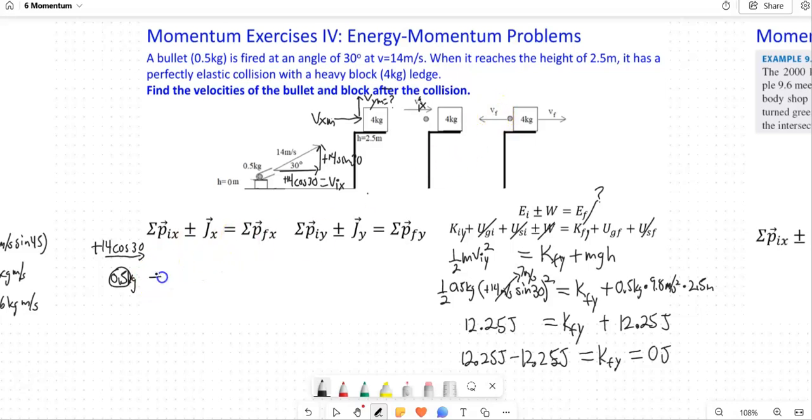All right. Now, the block, we're making our little storyboard. The block, which is 4 kilograms, is not moving. After the impact, it's going to have a velocity in the x direction, which is probably going to be to the left.